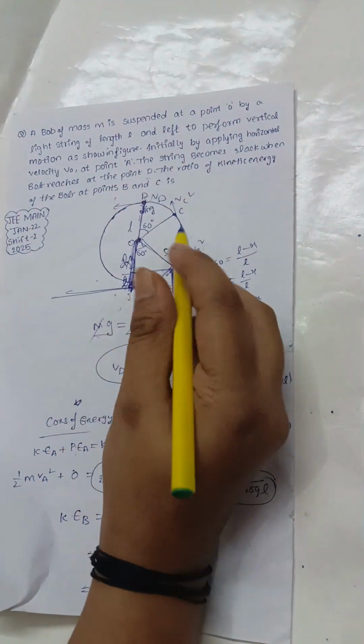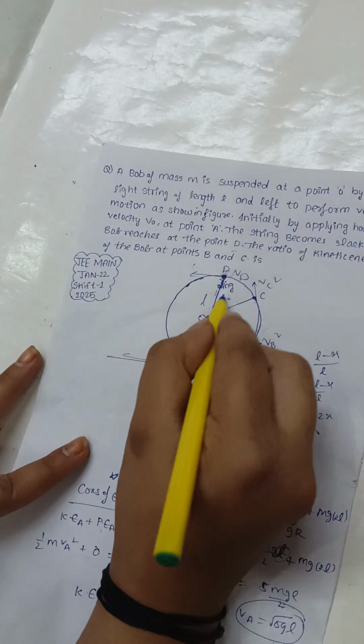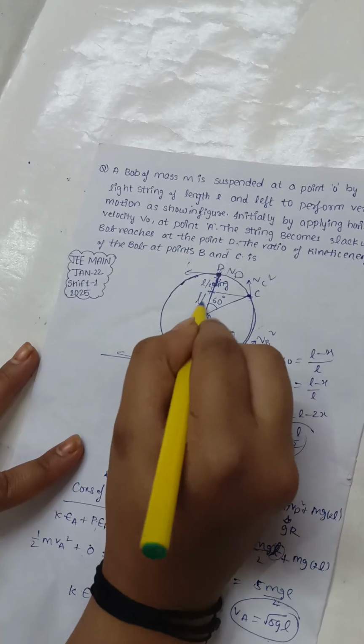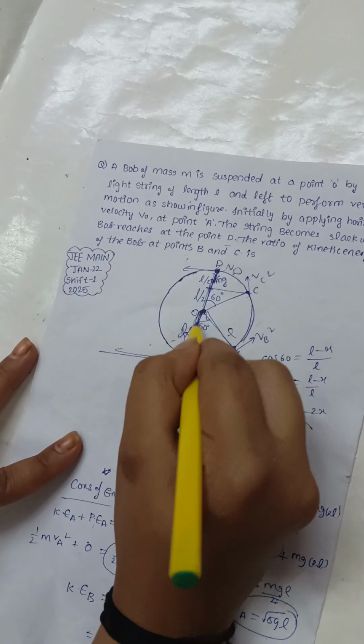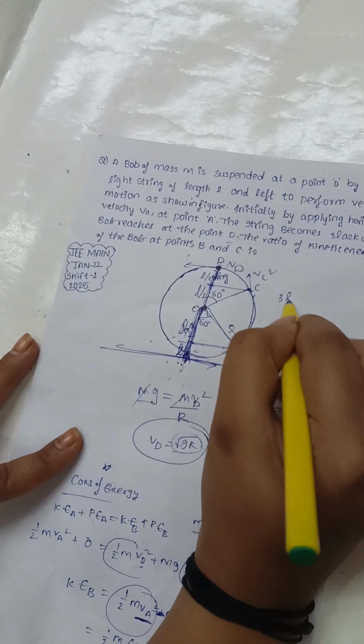In the same way, we'll apply it at points A and C also. This was L by 2 and this was L by 2, and this length was L by 2 and this was L, so the total height is 3L by 2.